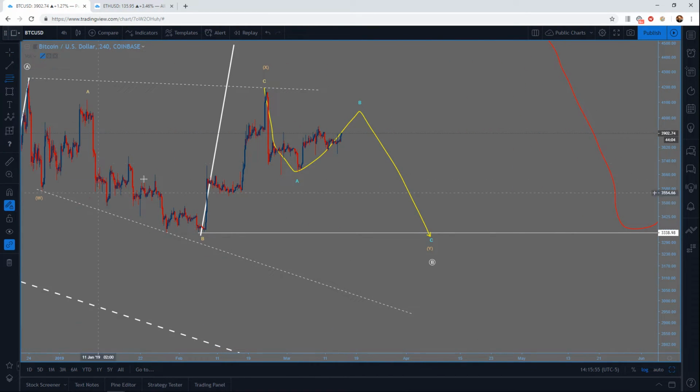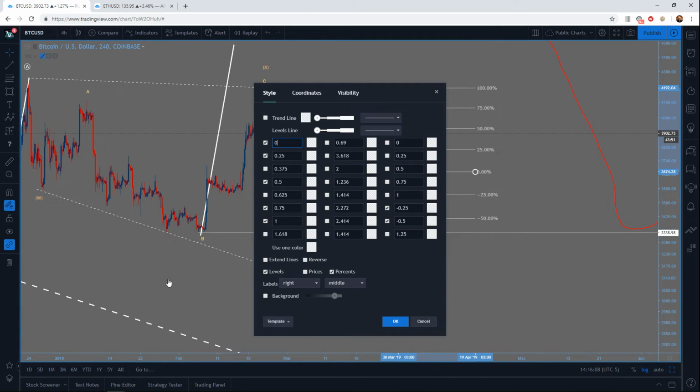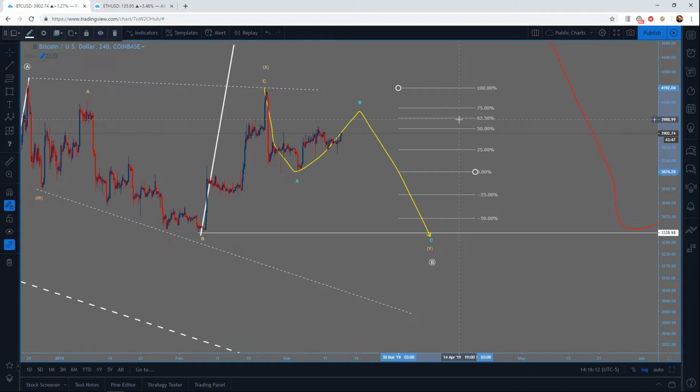At the 50-ish level, 39.34, up to, let's put the 625 on here, 625 at 39.95. So my yellow line is not exactly accurate here.